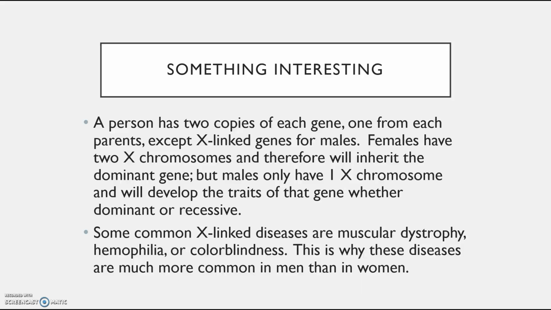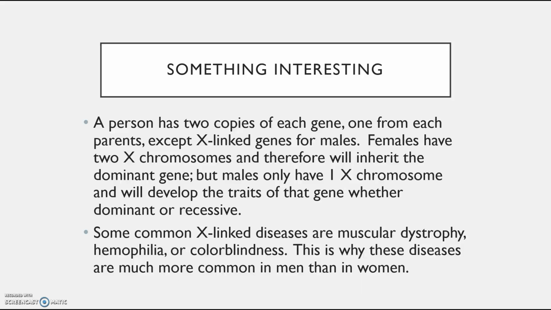So in females with X-linked genes, the dominant trait will always come about within us. But in males with X-linked genes, they will always just take after the mother. There will not be a recessive dominant pattern going on.